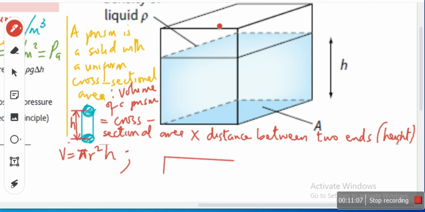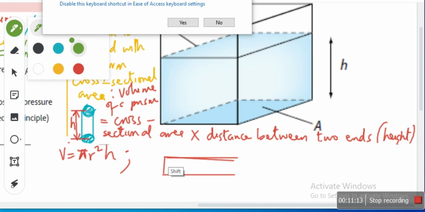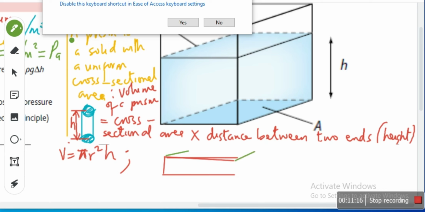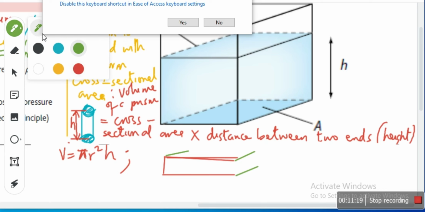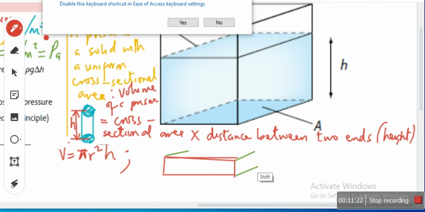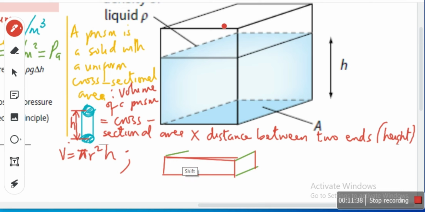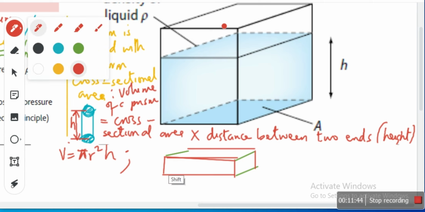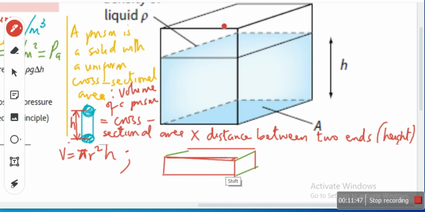Let me use this to illustrate. If I have this, alright, is this a prism?